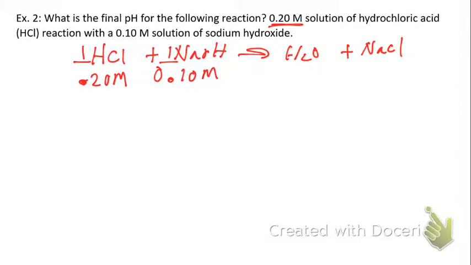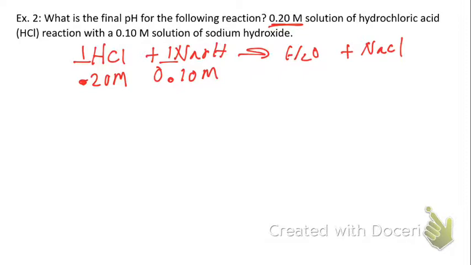So that means all of the sodium hydroxide should be used up, and at the end of the day, when the reaction is complete, there will be no more strong base in our reaction mixture. But hydrochloric acid is not going to be completely used up. It's going to be in excess.